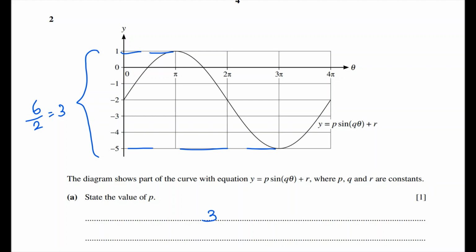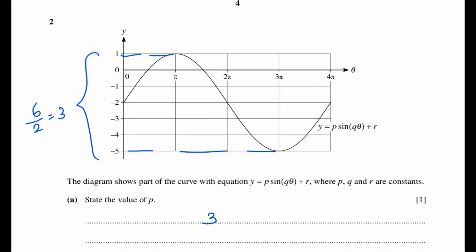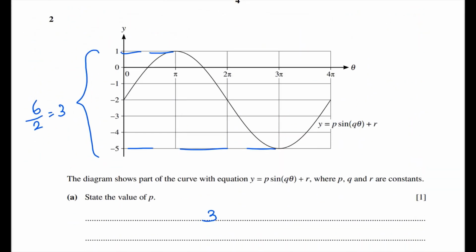And next we have to find the q value. Q is again a stretching factor and it is stretched along the x-axis, that is it's parallel to the x-axis. Q value is, in the diagram, the curve changes from 0 to 4 pi.